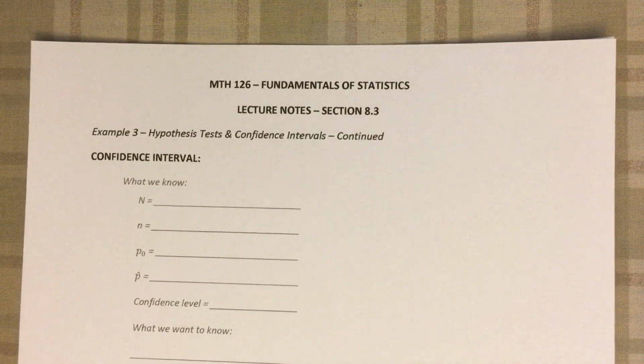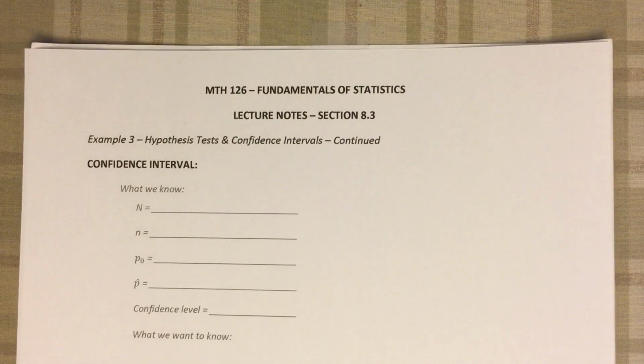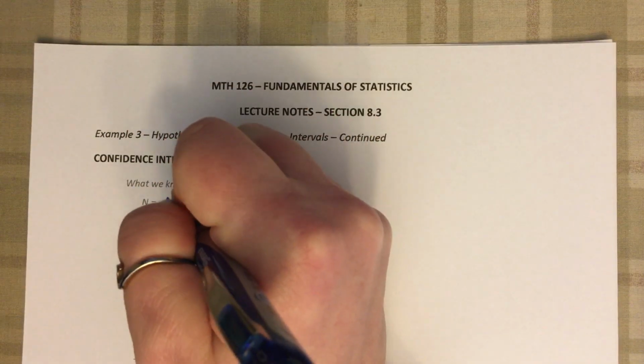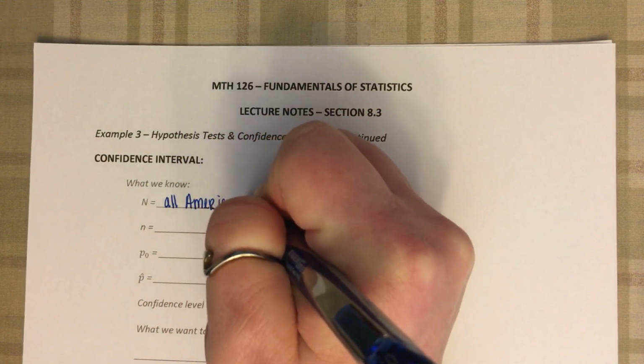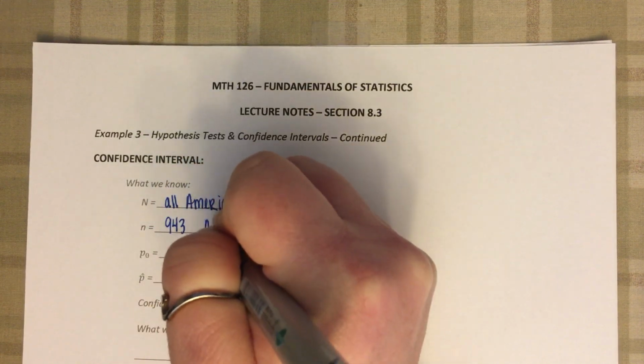Okay. Now we're going to do a confidence interval. Our beginning list of things that we know is going to be the same. N is still all Americans. Our sample size is still 943 Americans sampled.